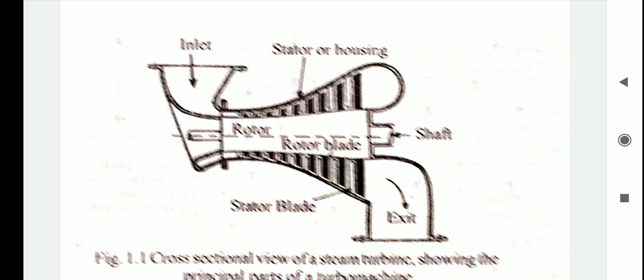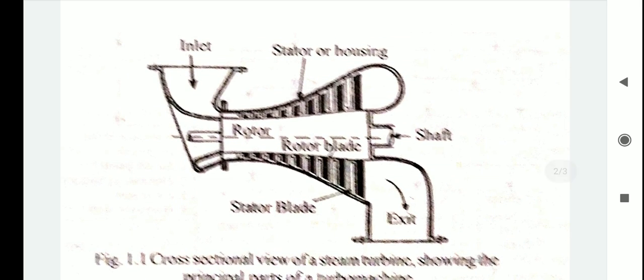The second one is a stationary element, which usually acts as a guide vane for proper control of the fluid direction during the energy conversion process. The third one is the input output shaft, and the fourth one is housing. So these are the principal parts of the turbo machine.